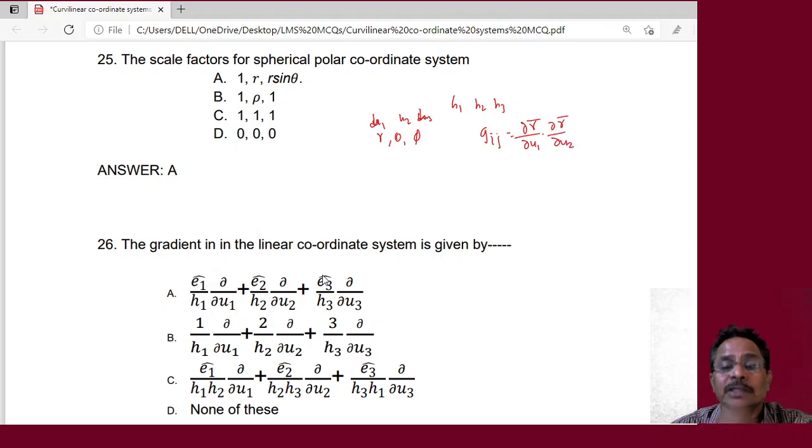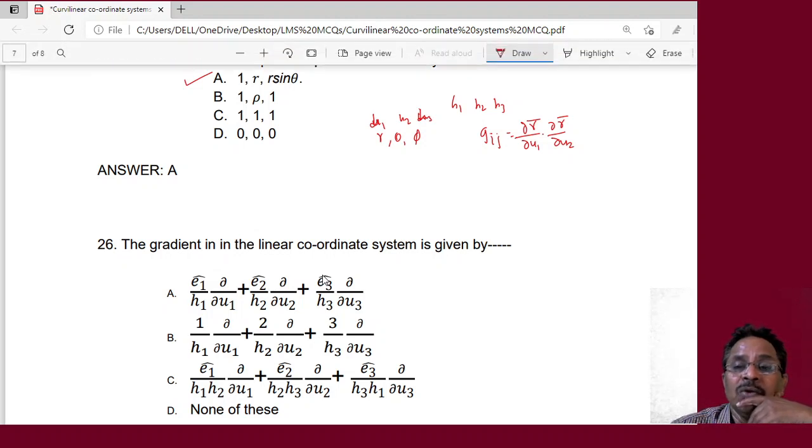If I go through all these calculations, I get g11 equal to 1, so its square root is 1; then g22 is r square, and therefore h2 is equal to r; and g33 is equal to r square sine square theta, and therefore h3 is simply r sine theta.